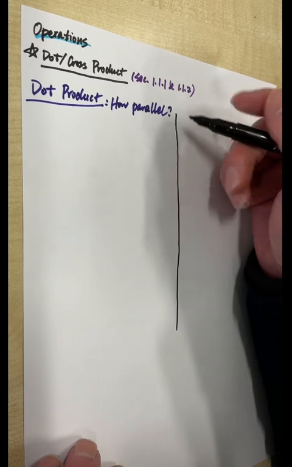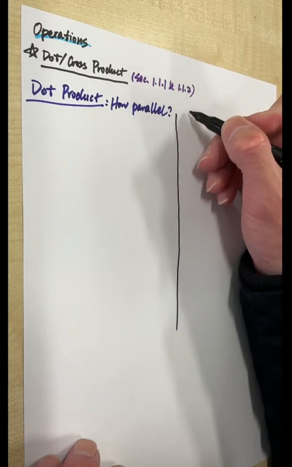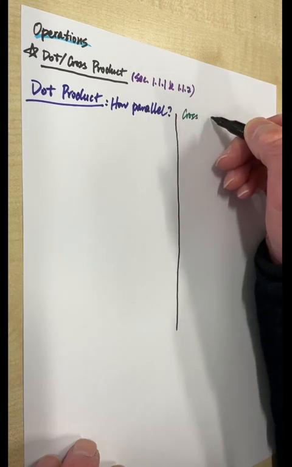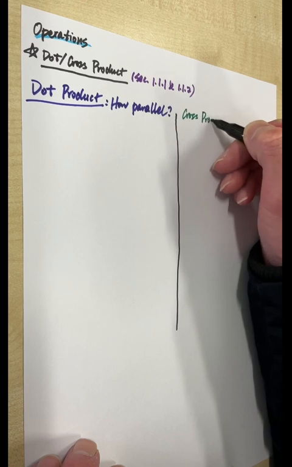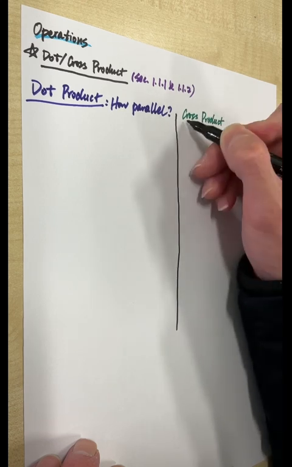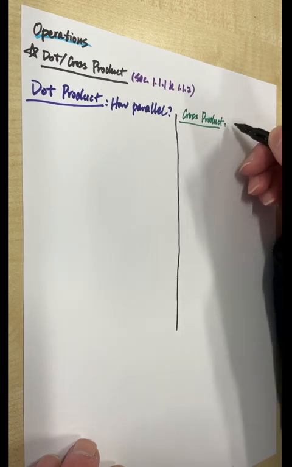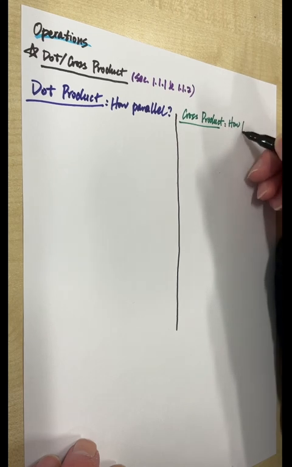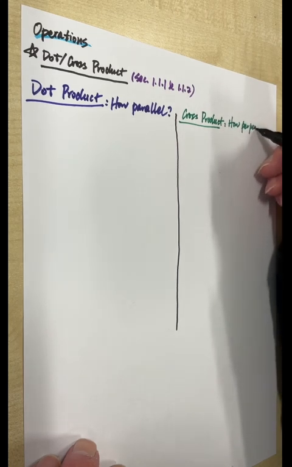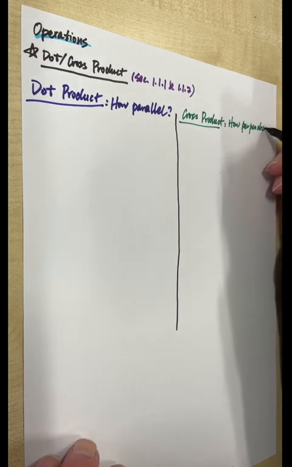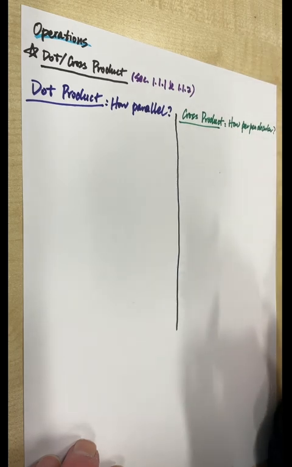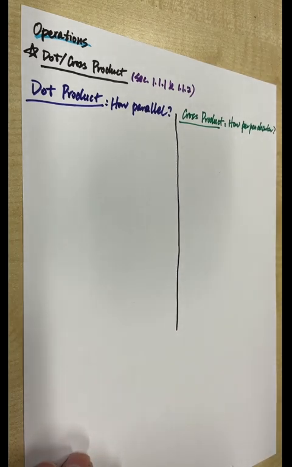By contrast, cross product tells us how perpendicular two vectors are. So what does it mean?